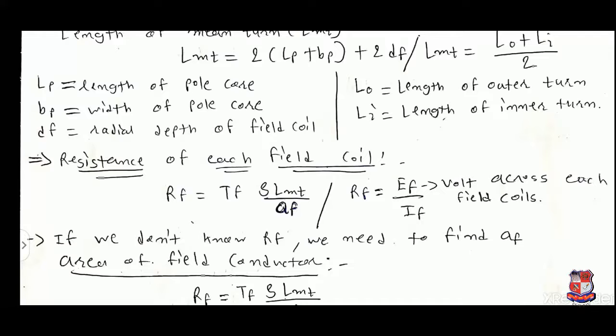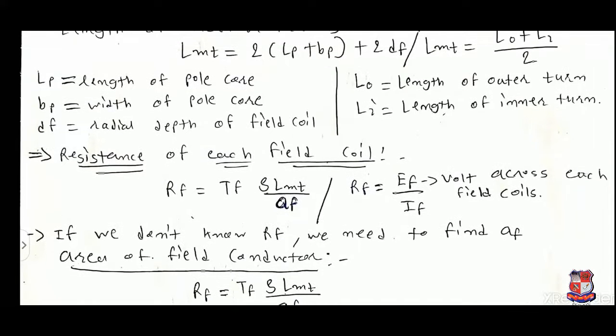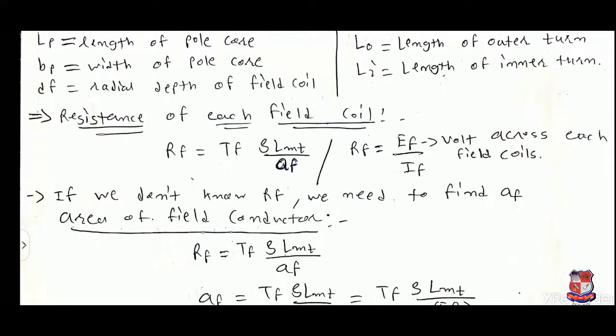In another way we can also find RF by Ohm's law, V is equal to IR. Instead of that, here it is EF and IF. EF is nothing but the voltage across each field coil, which may be given to us, or we can easily find it. Suppose we don't know the value of RF, and we need to find the area AF, that means the area of each field coil.